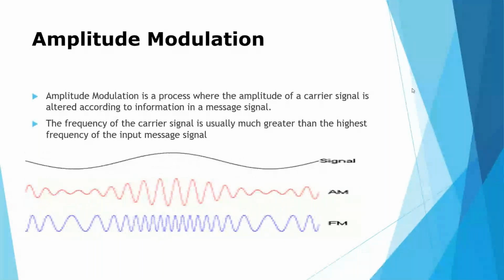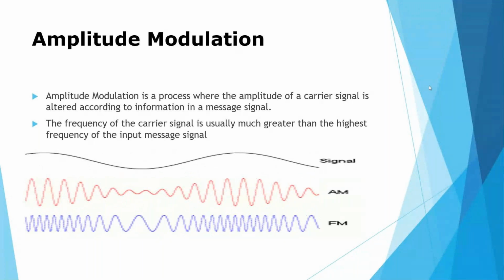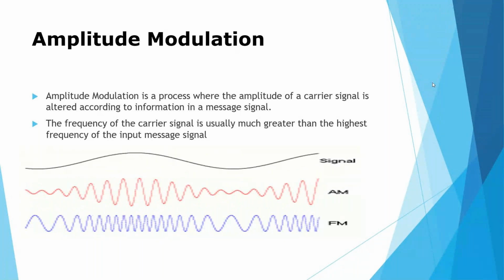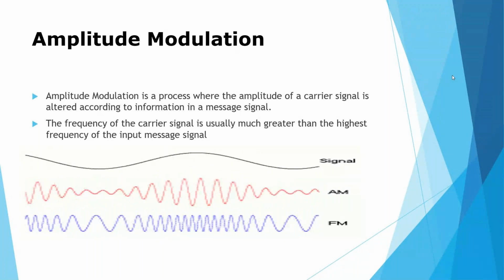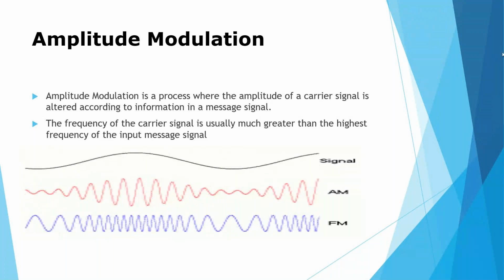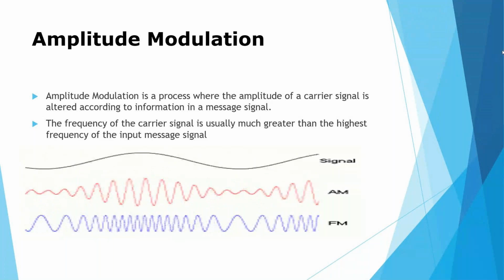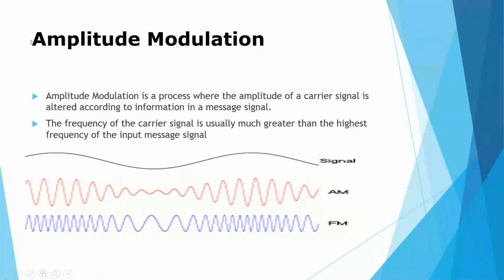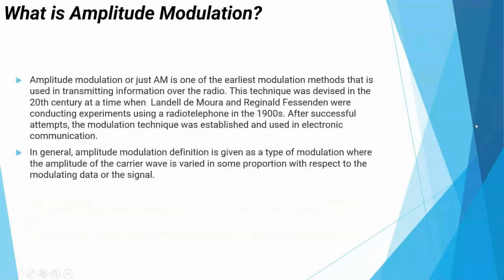This contrasts with angle modulation, in which either the frequency of the carrier wave is varied, as in frequency modulation, or its phase, as in phase modulation. It was the earliest modulation method used for transmitting audio in radio broadcast.